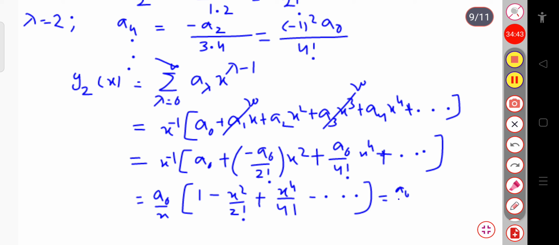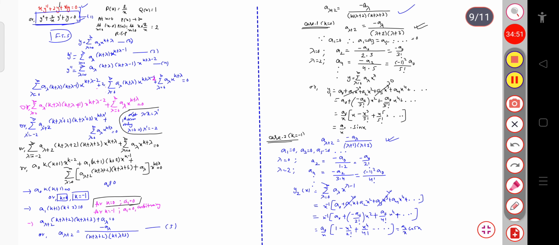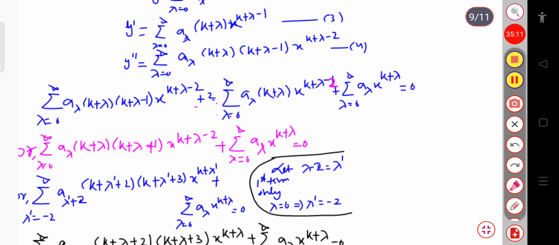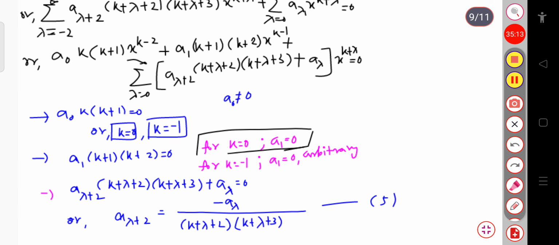This is nothing but the cosine series, equal to a0 by x into cos x. So here, in the Frobenius method, when you solve the differential equation, first we applied the Frobenius method, took the first derivative and the second derivative, y prime and y double prime, and substituted them in equation 1. Finally we got two values of k, one equal to 0 and another equal to minus 1, which we substitute in the recurrence relation.